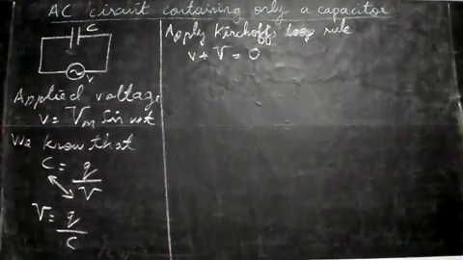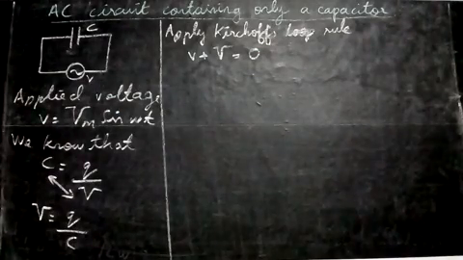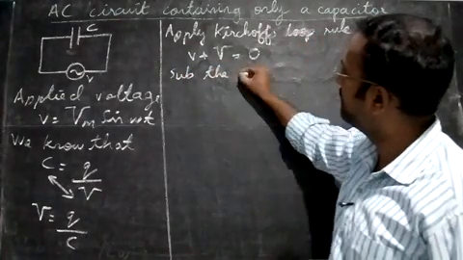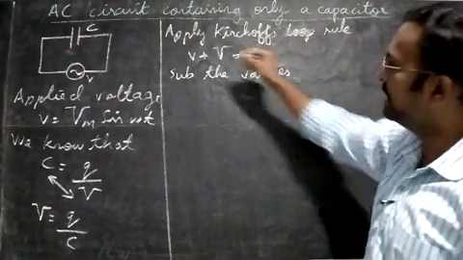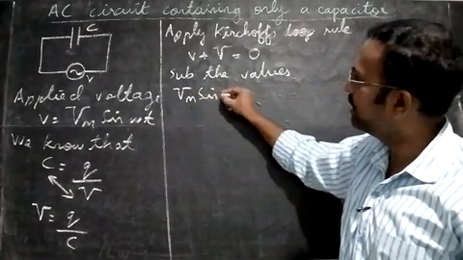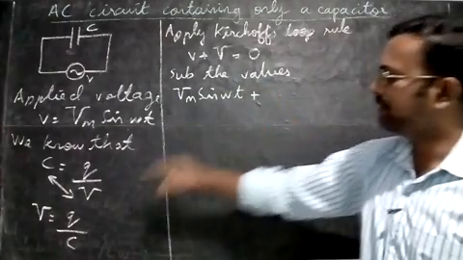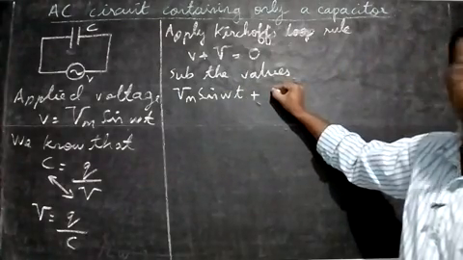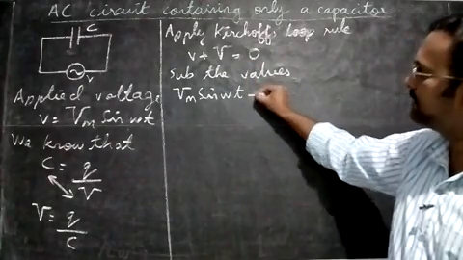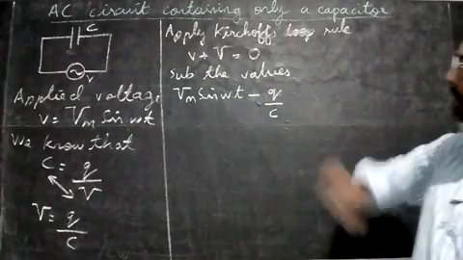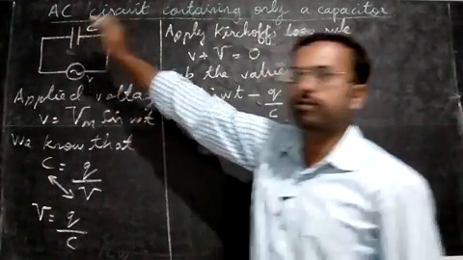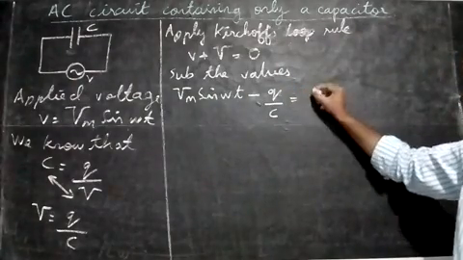Now substitute the values of small v and capital V. Small v is Vm sine omega t, plus capital V, that is Q by C. In this case we must write a minus sign, minus Q by C, because the source gives voltage and the capacitor absorbs voltage. So write the minus sign, and that is equal to 0.